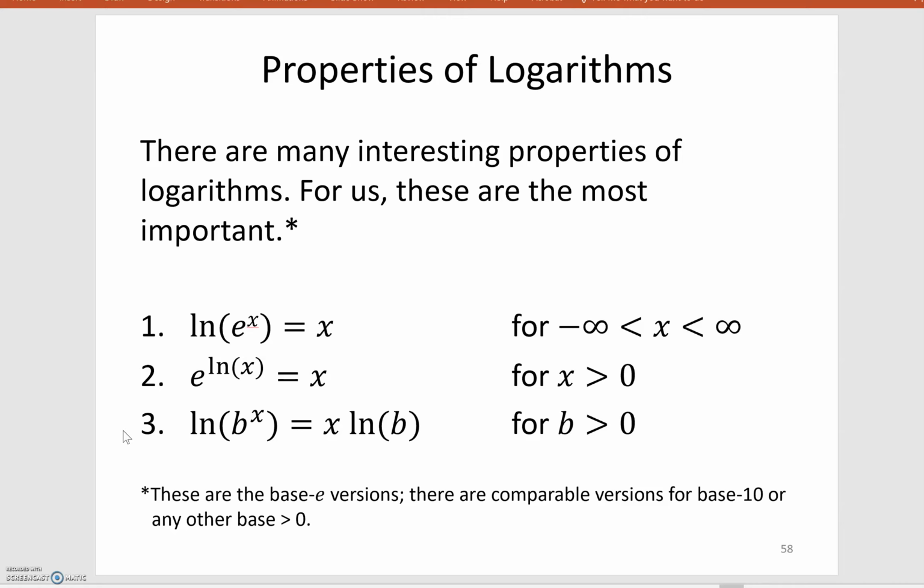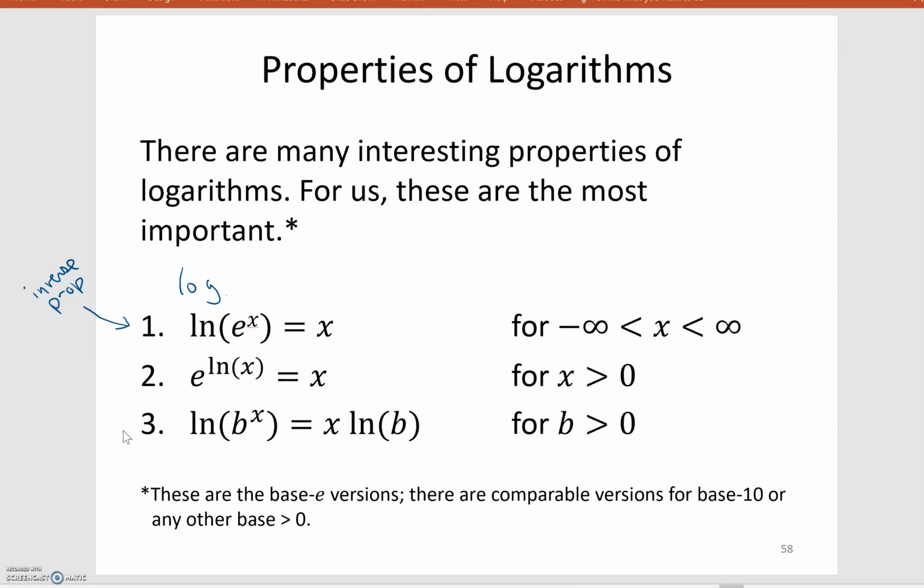So here's the first three. Number one, ln of e to the x is equal to x. In truth, this is an inverse property. This may be going a bit deep mathematically, but I'm sure some people are going to follow this, so I'll go ahead with it.